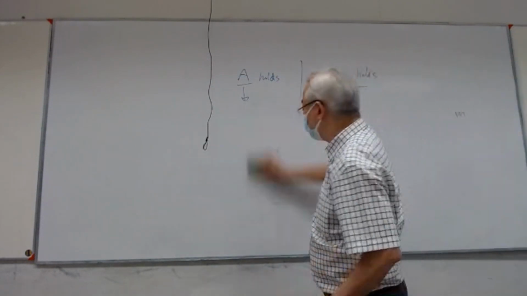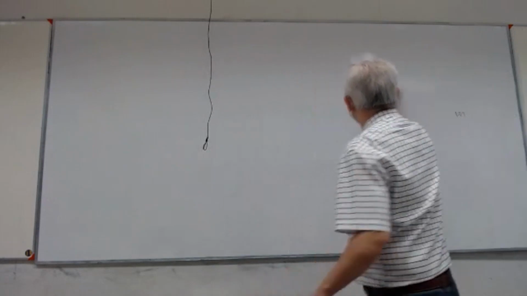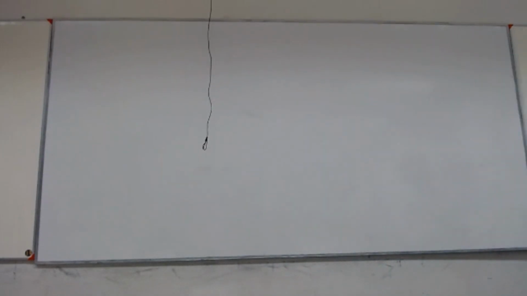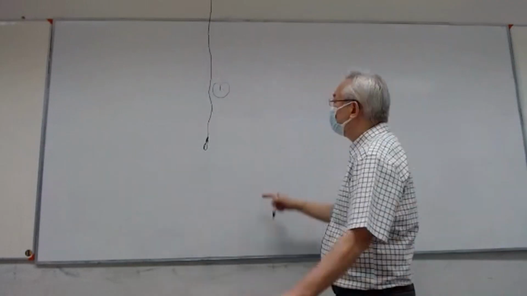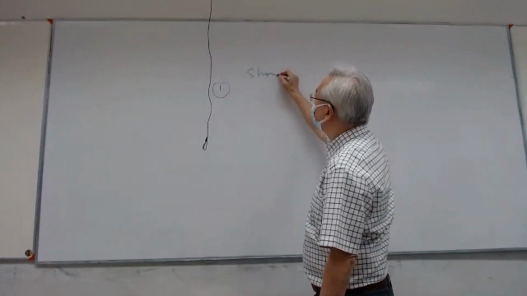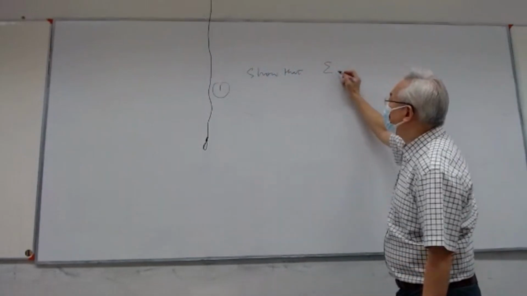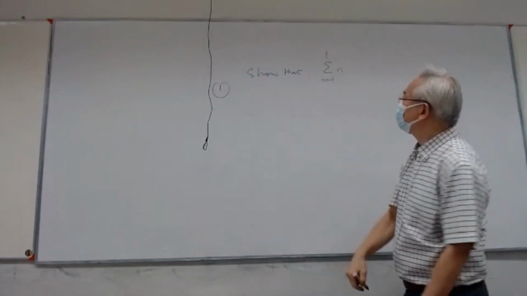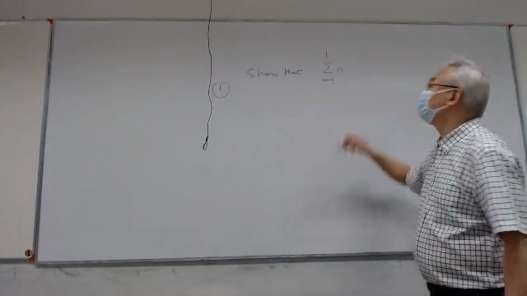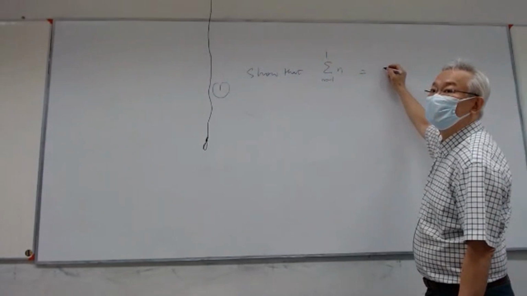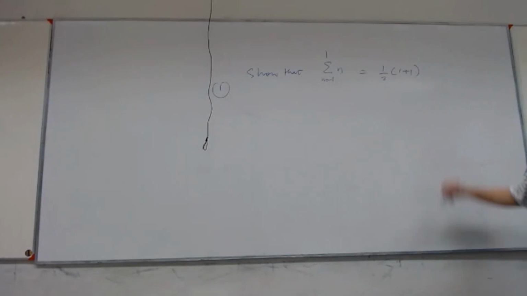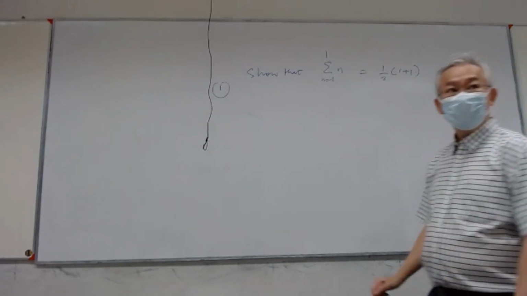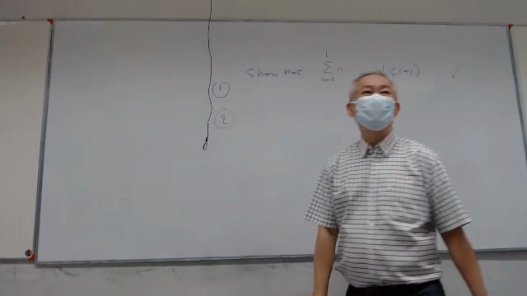Now, to show this, we'll do that on the blackboard. In the first step, we have to show that the sum of n from 1 to 1 is equal to 1 over 2 times 1 plus 1. This is obvious. Usually the first one is obvious. A more difficult part will be the second step.